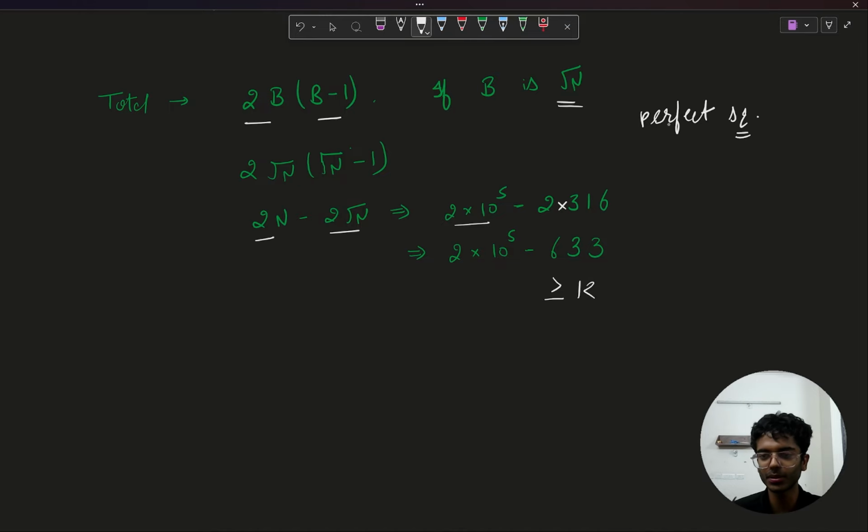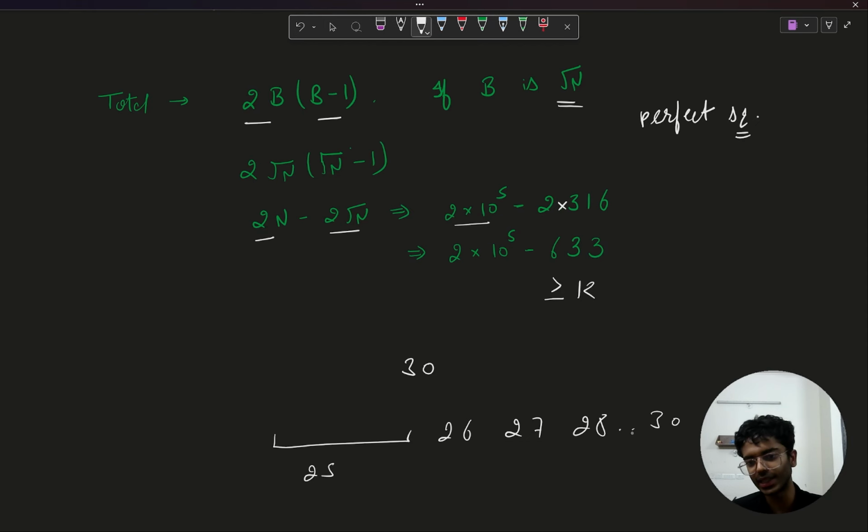But if n is not a perfect square, let's say n is equal to 30, then what we could do is pair up the first 25 numbers like this, then simply place 26, 27, 28, dot dot dot till 30 in the end. These might not create any descent in the permutation Q, but these would have some number of ascents, which won't really matter because this number is already greater than or equal to k.